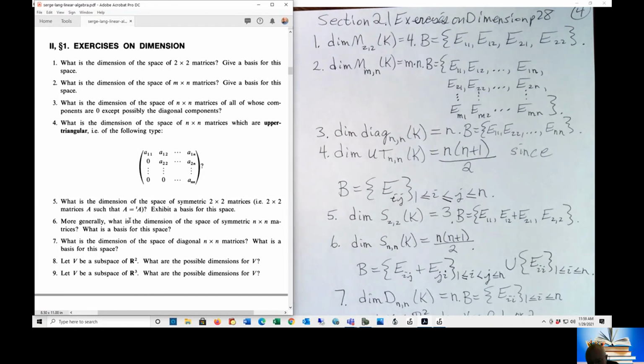So that basis would be the set of elementary matrices E_ij, where i is less than or equal to j, and they run from 1 to n. i less than or equal to j takes care of the entries on the diagonal and above the diagonal. Now, how many entries are there? Well, there's n times (n plus 1) divided by 2.